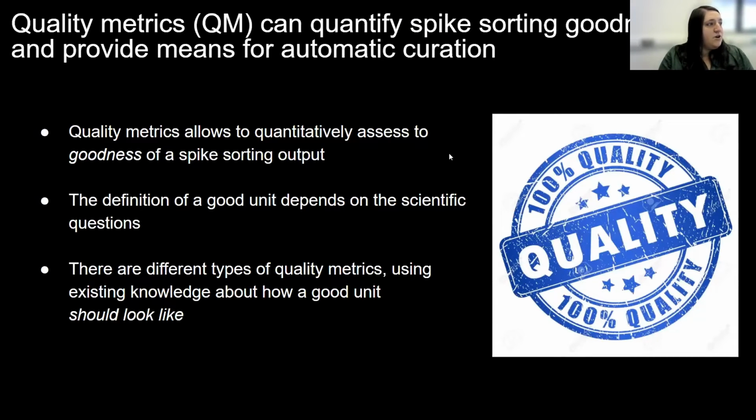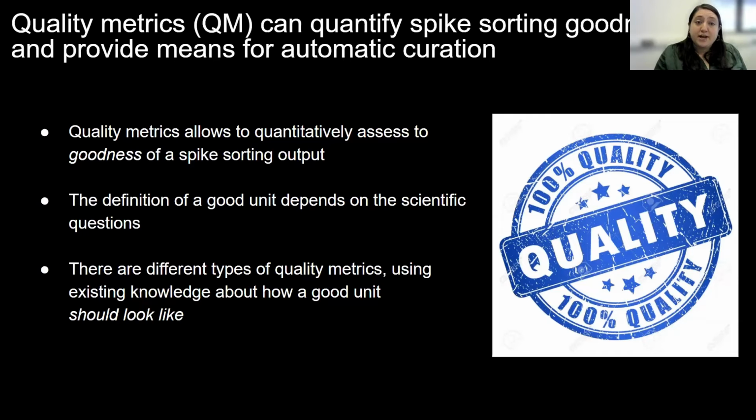Okay, so we can use quality metrics to assess spike sorting goodness and then automatically curate your data. They allow us to quantitatively assess the goodness of a spike sorting output. The definition of a good unit depends a little bit on your scientific question. For example, if you're doing a lot of population analyses and you don't care about exact spike timing of one specific neuron, maybe you're all right including some multi-unit activity in your recording.